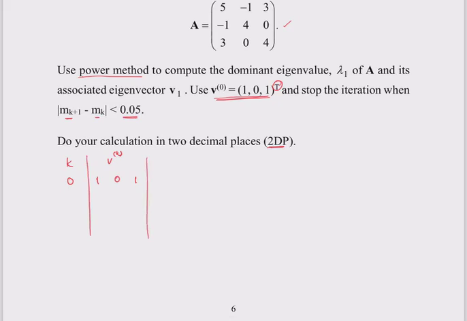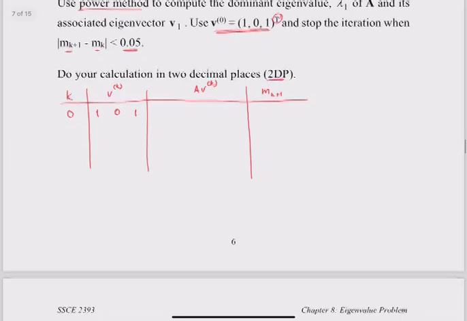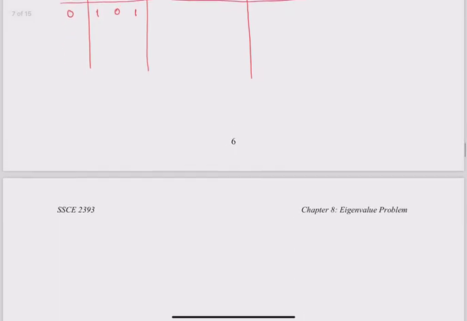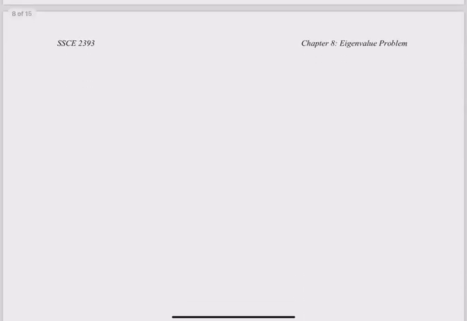And then after that, we have A v k, and we also have the column for m k plus 1.